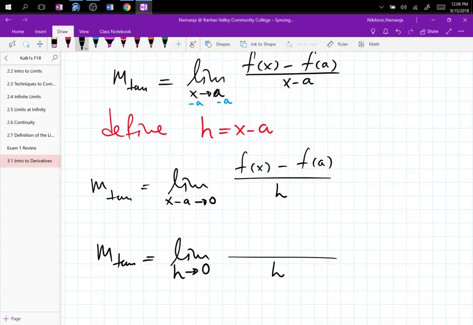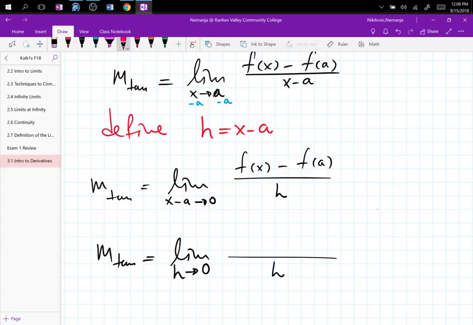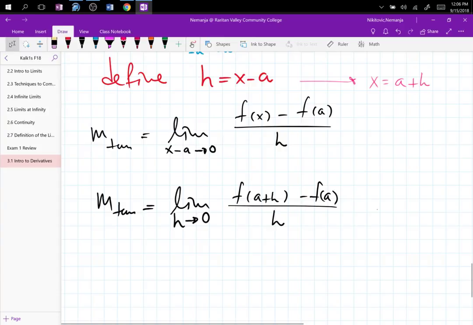There's only one x left. I can write that x if I flip this around. Flipping this will get me x equals a plus h. So I get f of a plus h minus f of a. This is a nice intermediate step.